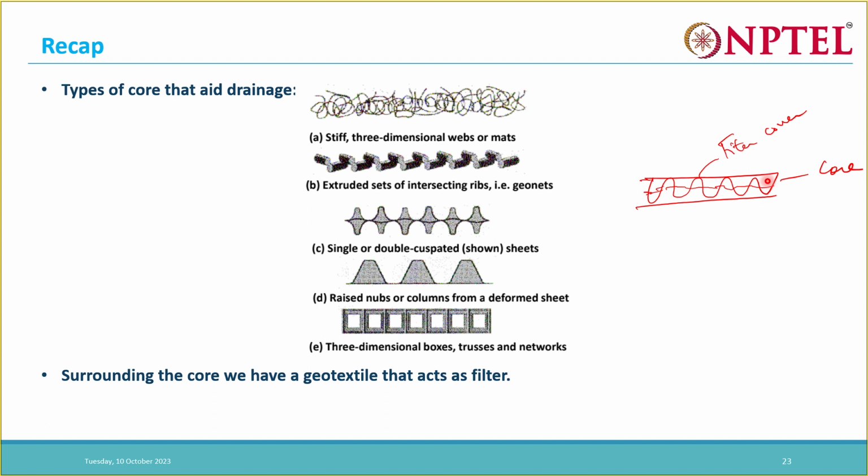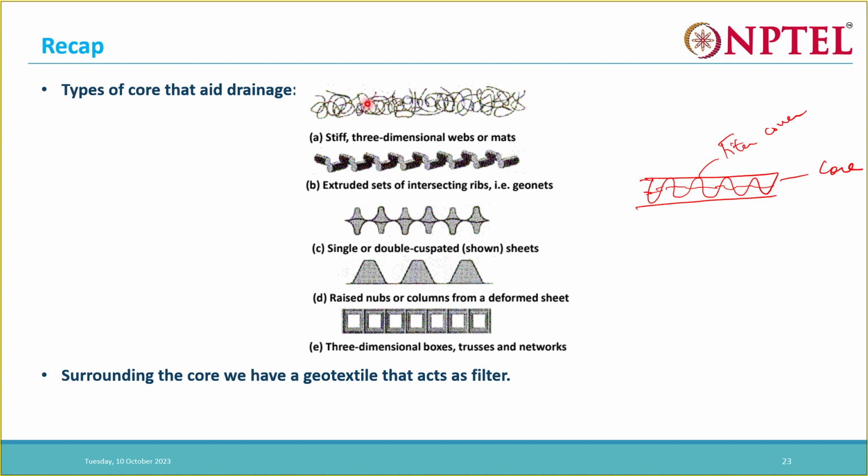That was the core, and that core actually carried the water. Similarly, we can put an outer layer, and inside we can have a core. The outer layer acts as a filter, allowing only water to enter and preventing the soil from entering, and the core carries the water through it.